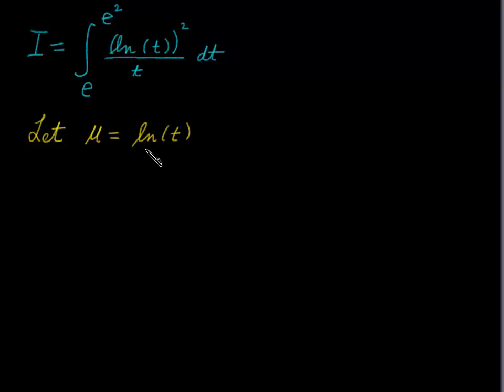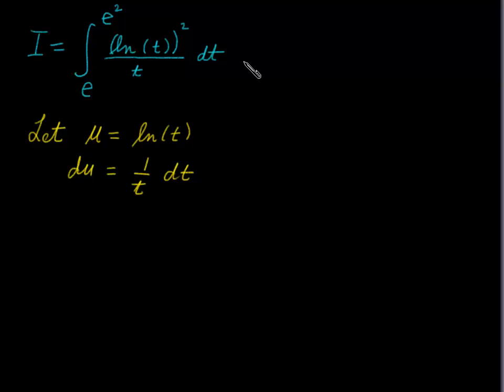I think that will work. But once I choose that, the du is fixed. The du has got to go with what I've done for u. So if u is log t, the du would be 1 upon t dt. And now when I look at my integral, the integrand, I've got a factor of 1 upon t, and I've got a log t. All of this looks pretty good.